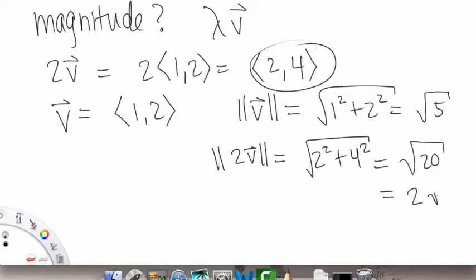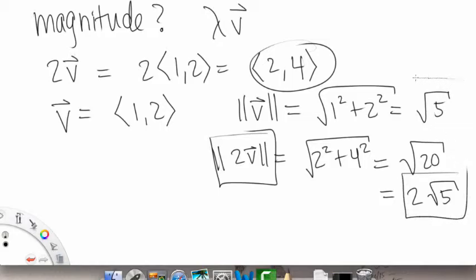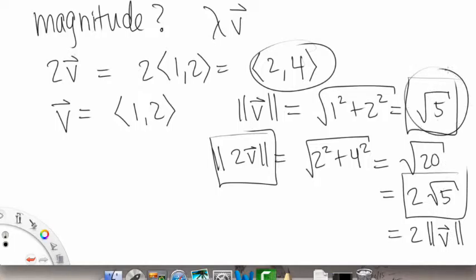So we can take out a 2, and then we have our square root of 5 here. As you can see, because we multiplied by 2, it shows up in our magnitude as well. Our magnitude ended up being 2 times the magnitude of the original v, because the magnitude of the original v was square root of 5, and here it is again.